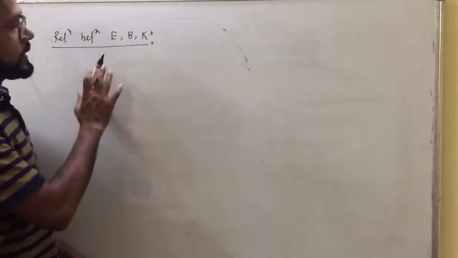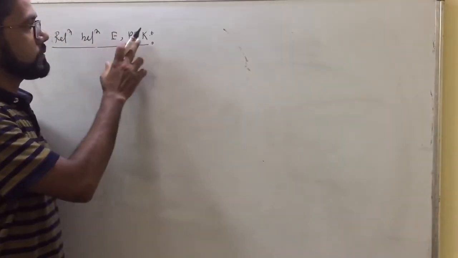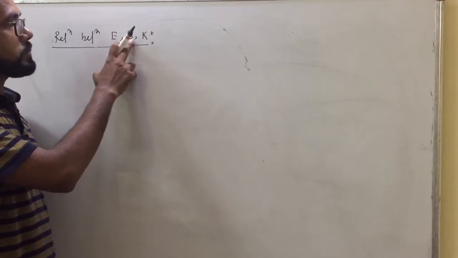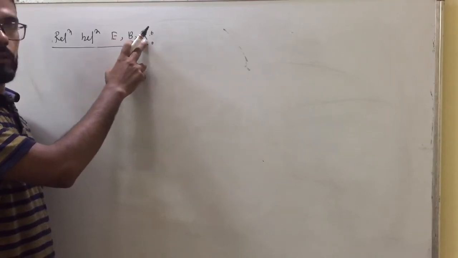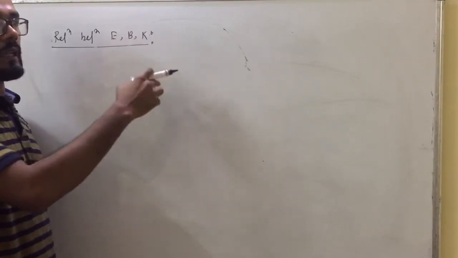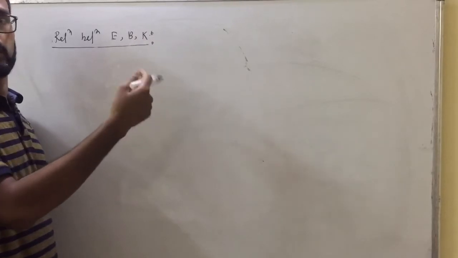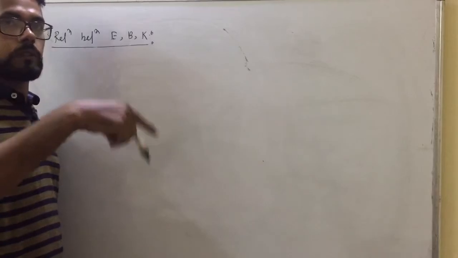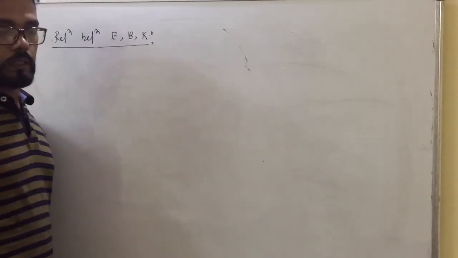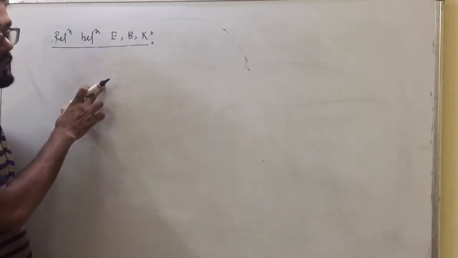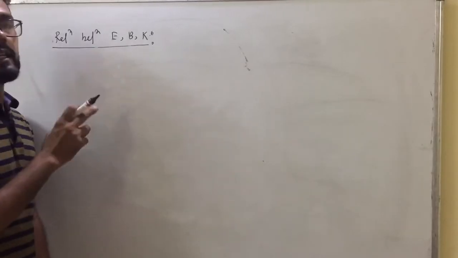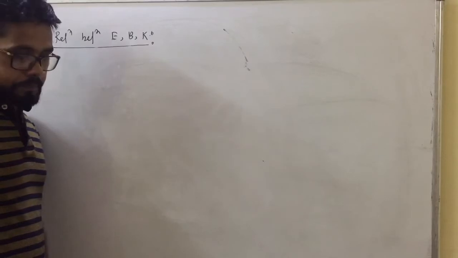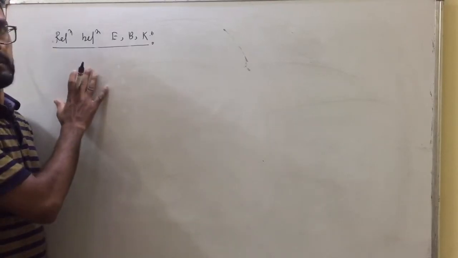Electric field and magnetic field are vectors. K is also a vector, the propagation vector. It gives information about the direction of propagation of the electromagnetic wave, as well as the wavelength associated with the wave vector. Now my aim here is to establish the relation between electric field, magnetic field, and propagation direction.